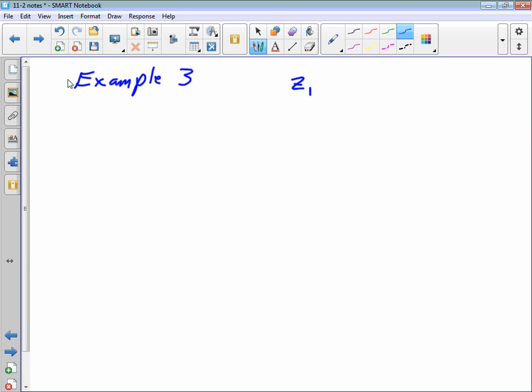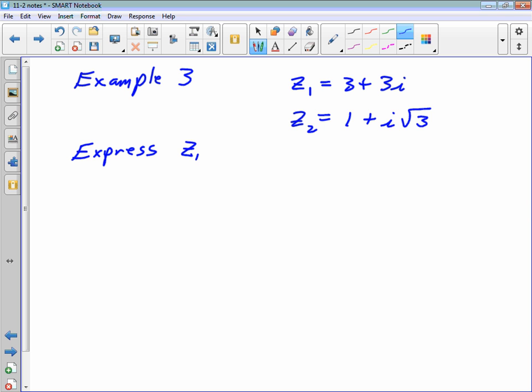Z sub 1 equals 3 plus 3i, and Z sub 2 equals 1 plus I times the square root of 3. And that's just a convention you'll see. Why didn't they say square root of 3i? You could have, but this is the way you see it a lot. And the challenge here is to express Z sub 1 times Z sub 2 in polar form.